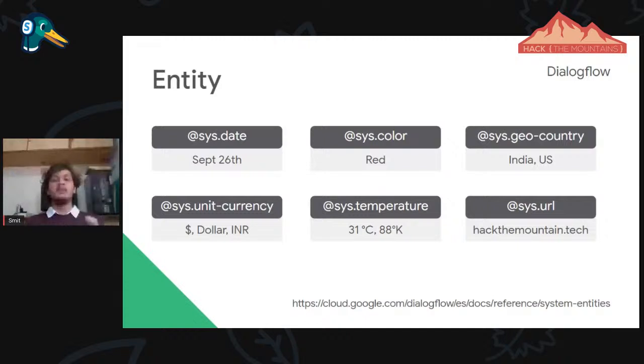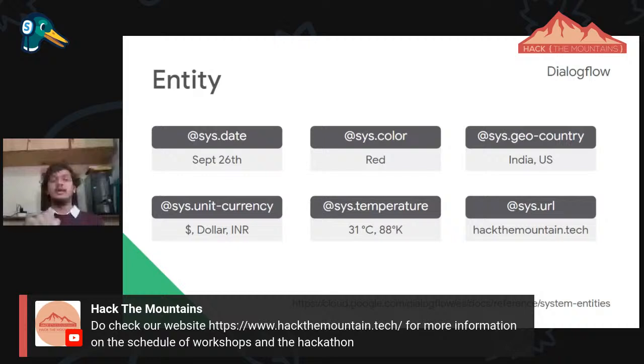If I ask a user to enter the country, but I train my model on India, US, Germany and some European countries, it will not identify the rest of the countries. So if I write India with the entity sys.geo-country, it will identify all the countries in the world. And similarly, sys.color will identify all the colors. I don't need to train my model on different colors.